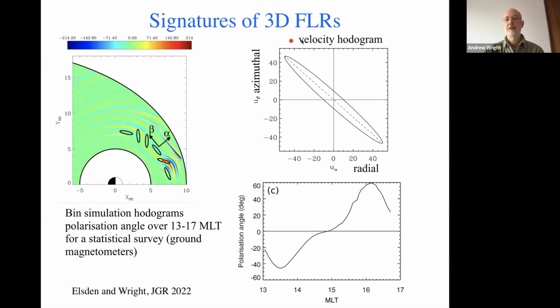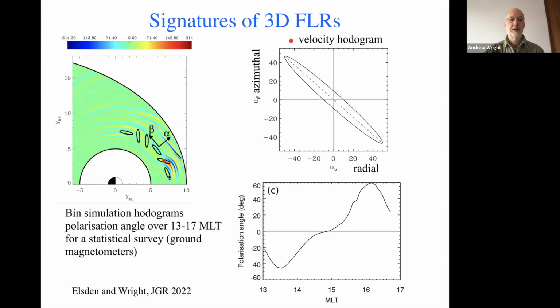What I'm showing here is the velocity hodogram for it. So here I've got the radial plasma velocity and the azimuthal, and you see we get this nice ellipse here, and it's tilted over at some angle. It's not toroidal or poloidal, it's midway between, and I've tried to indicate that here.